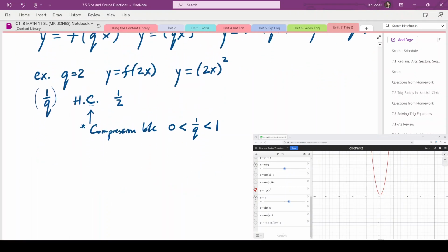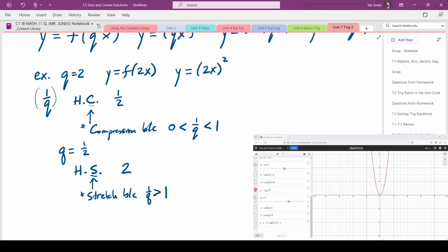So that also means that if q is, for example, 1/2, then we're going to have a horizontal stretch, because 1 over q is 2. So here we have stretch because 1 over q is bigger than 1. Okay, so we've got to be careful here.